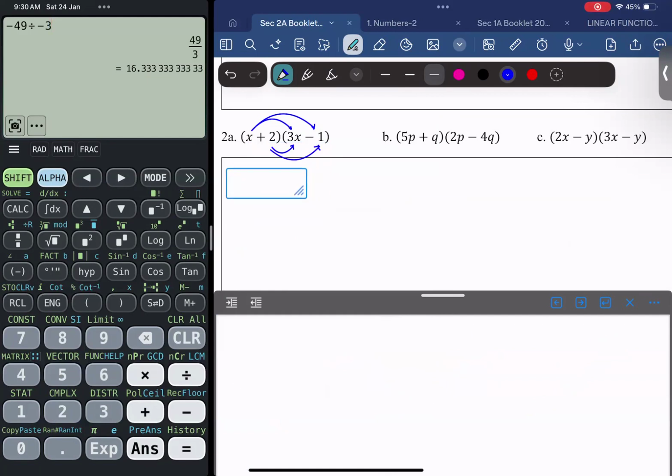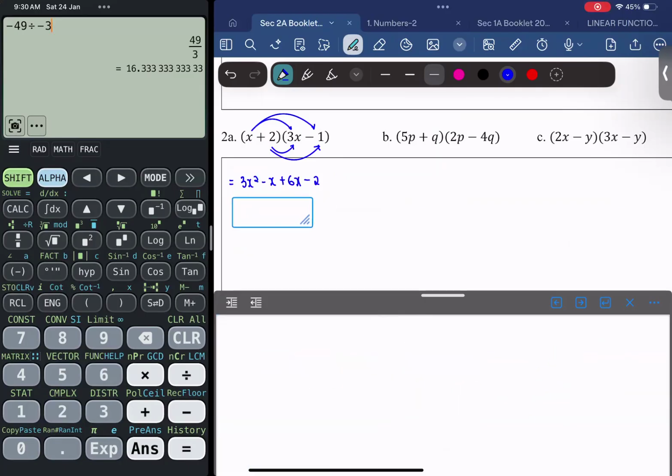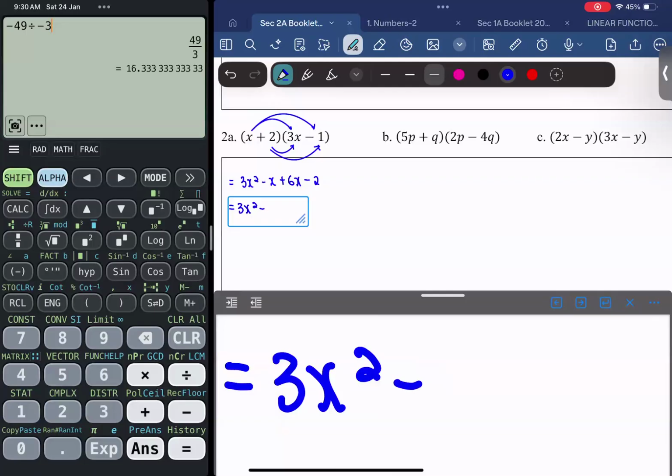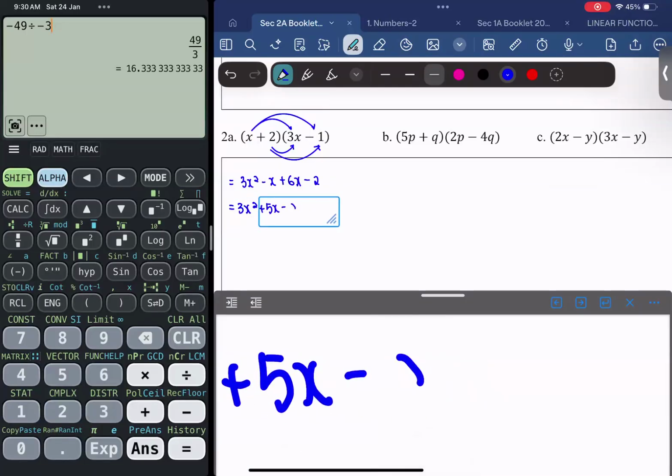So when you expand, this is 6, no sorry, 3x squared minus x plus 6x minus 2. We simplify them together: 3x squared plus 5x minus 2.